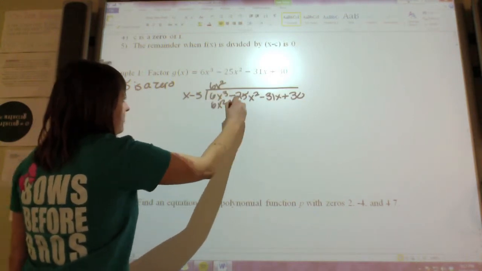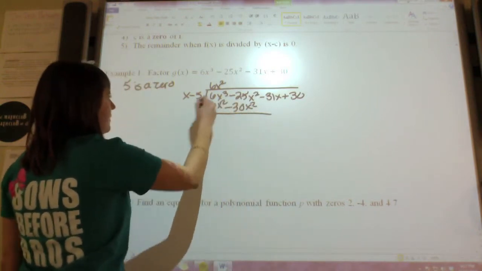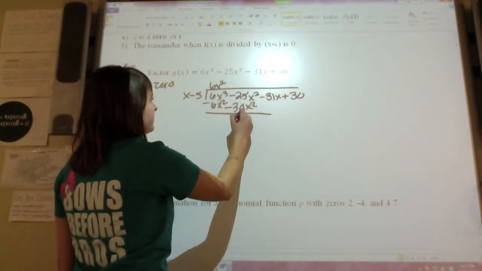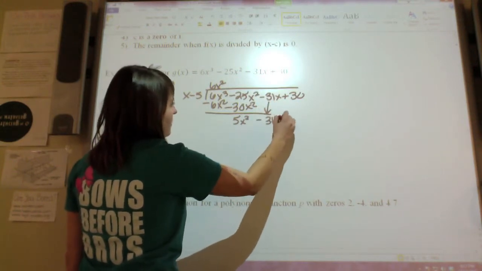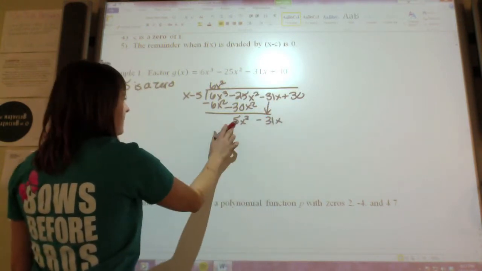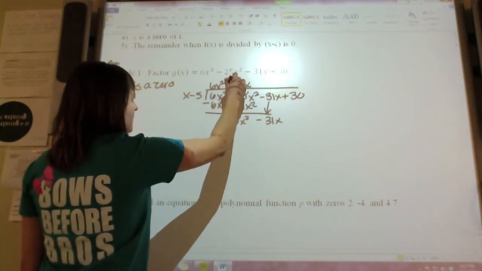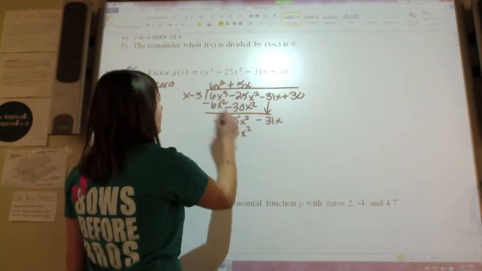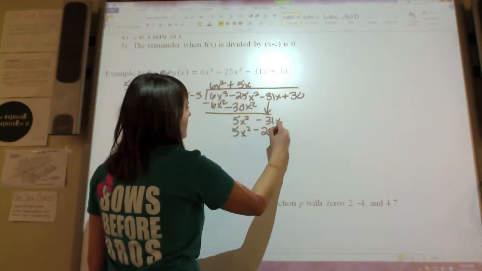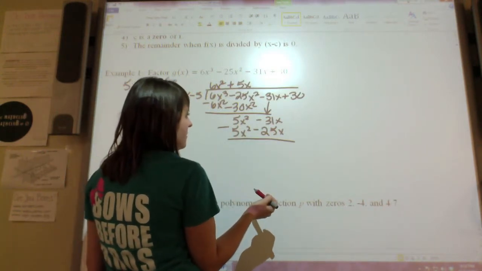When I multiply it through, I get this, then I subtract. I'm going to bring this down, and I know that this is going to be 5x. Then I can subtract and bring this down.